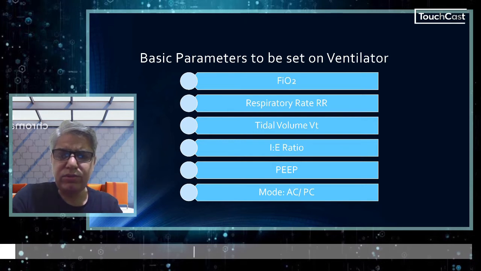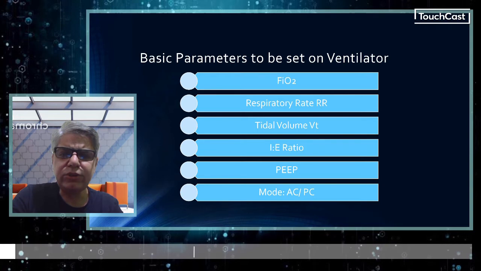So definitely you can set it anywhere 30, 40. Similarly, if you are intubating an adolescent, then probably you should be happy with a rate of, let's say, 12 to 14 breaths per minute. So respiratory rate should be adjusted as close to the physiological rate, which is normal for that age group.